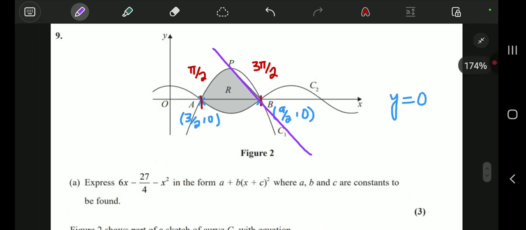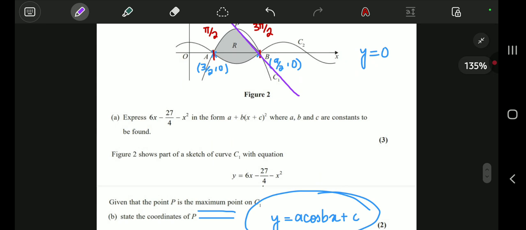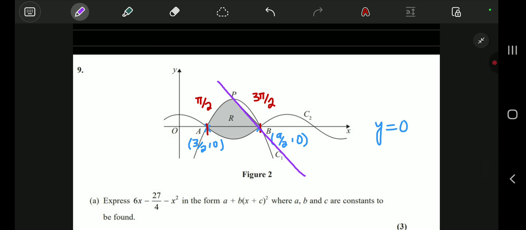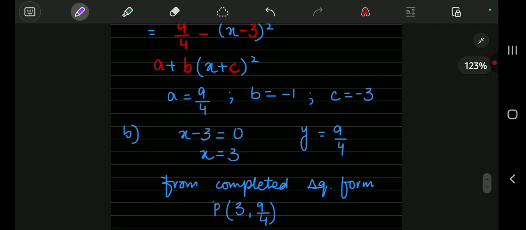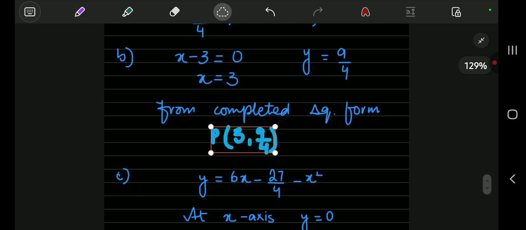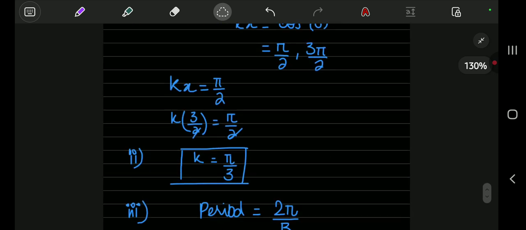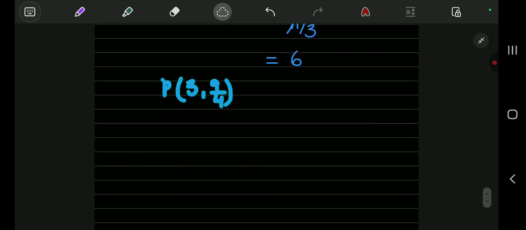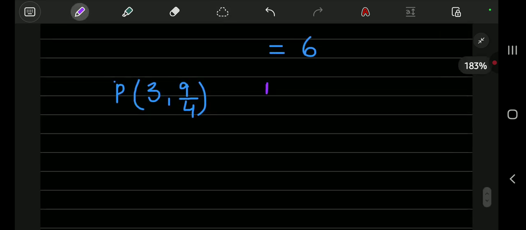We found point P at the start, so we will substitute that and use the point B, that is 9 over 2 and 0, and we'll find the slope and the equation of this line L. The coordinates of P are 3 and 9 over 4, and the coordinates of point B are 9 over 2 and 0.